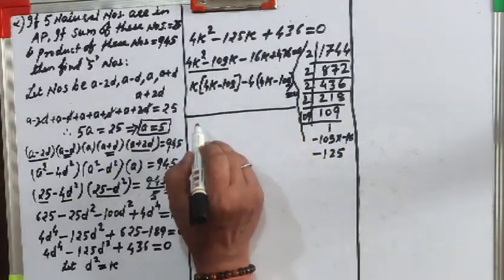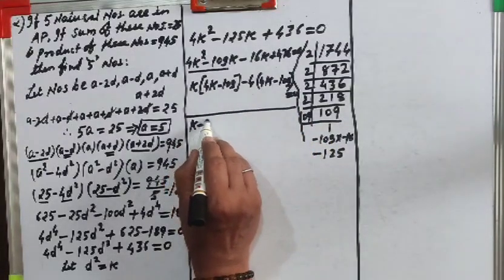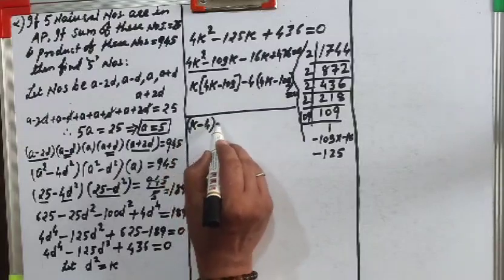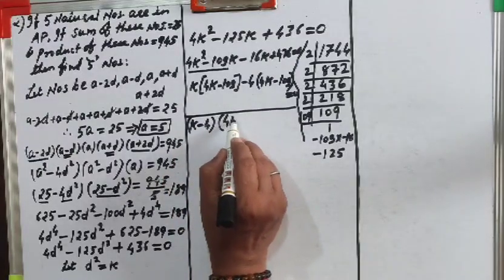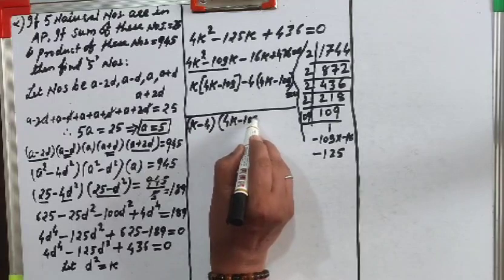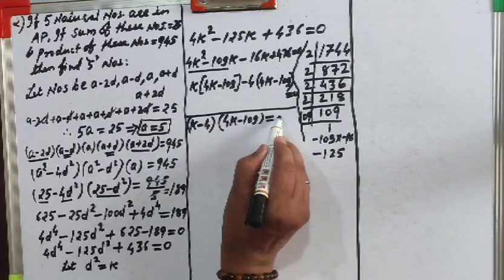Now bring this one down, so you will get k minus 4, which is one factor. Second factor is 4k minus 109, which is equal to 0.